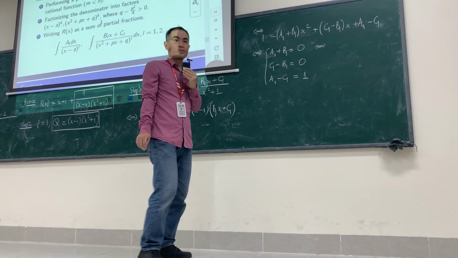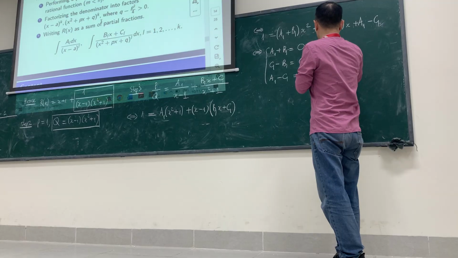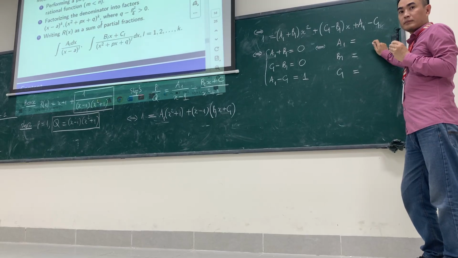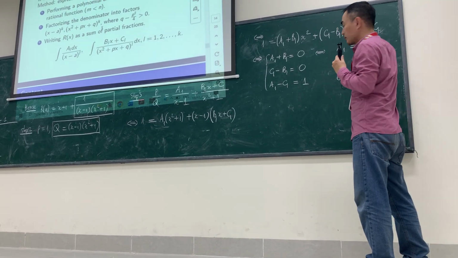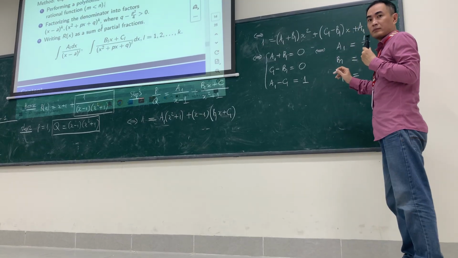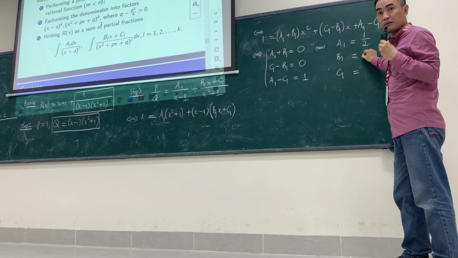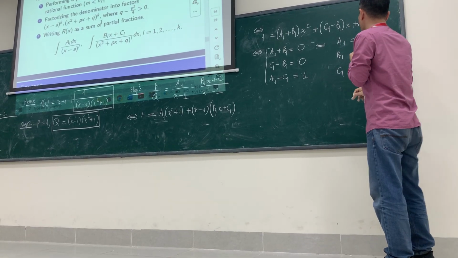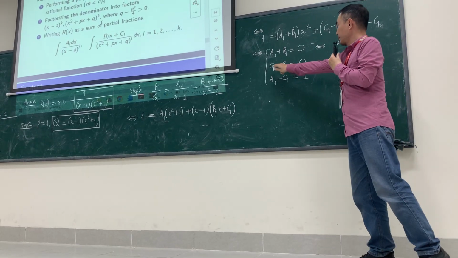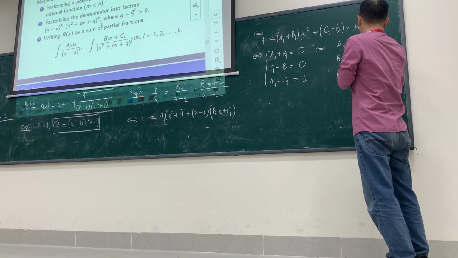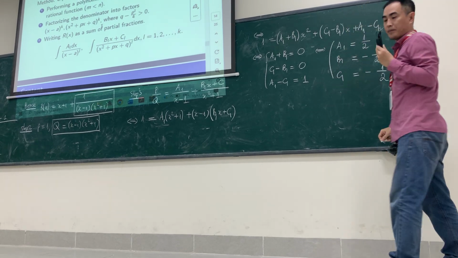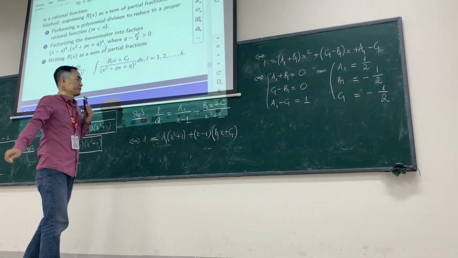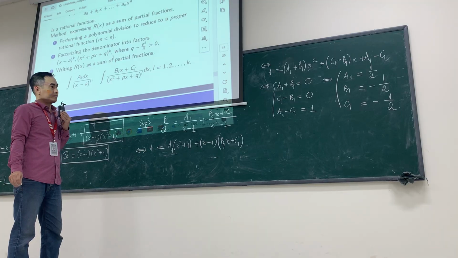Now, what are they? A1 is 1 over 2, B1 is minus 1 over 2, and C1 is minus 1 over 2. So we have A1, B1, and C1.